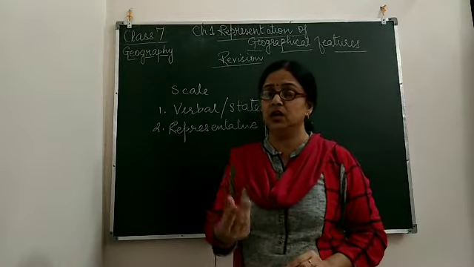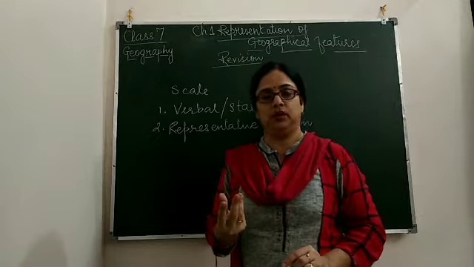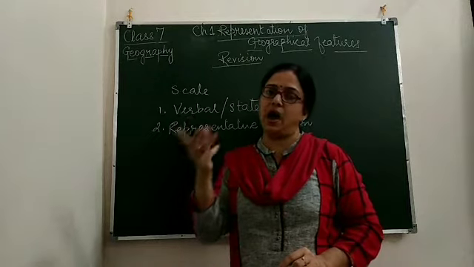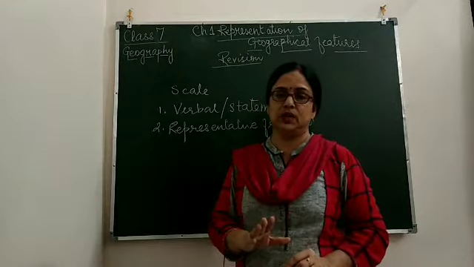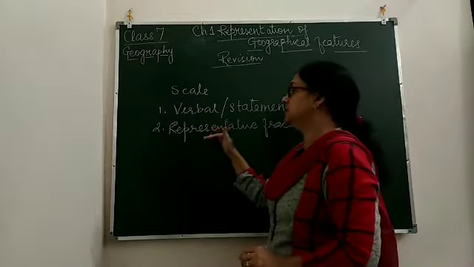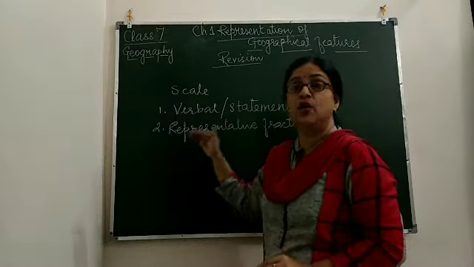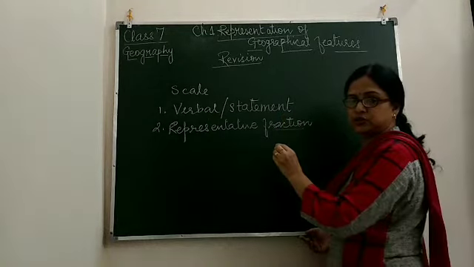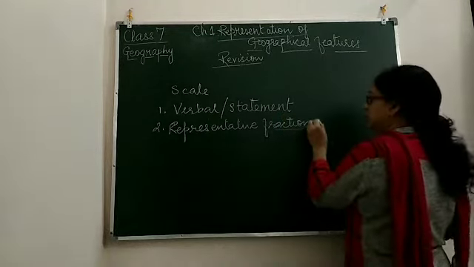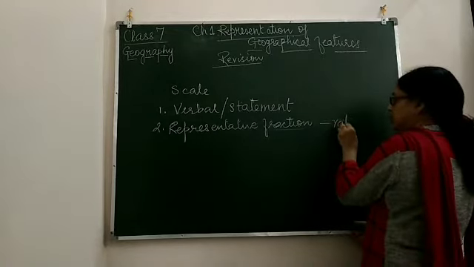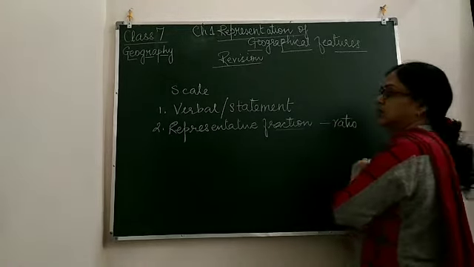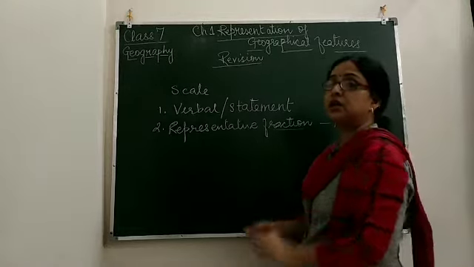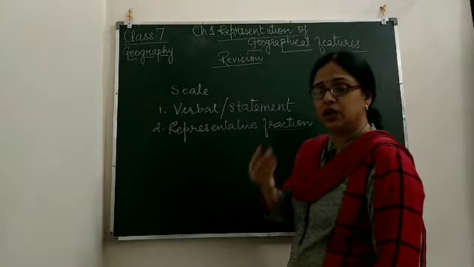It shows the ratio between the map distance and the ground distance. Here the distance is expressed in fraction. That's why the word fraction is used. It shows the ratio. Representative fraction is expressed in the ratio.